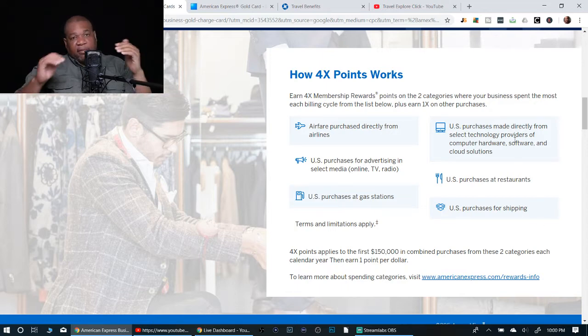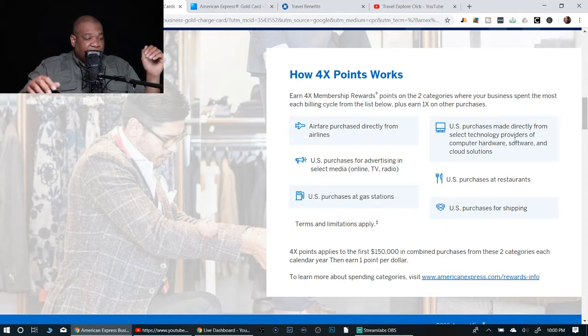If I have a personal card, I can use it at U.S. supermarkets, 4 times points at supermarkets, with the Amex Gold, the regular one. That's big for me. I would really be into that. Shipping, with this card, I do a lot of shipping, but I already get a discount with shipping, so I could live without 4 times on shipping. So that's just the way that I see it.